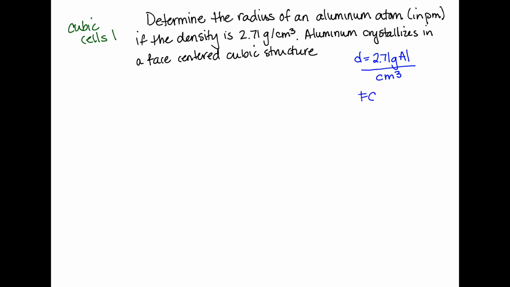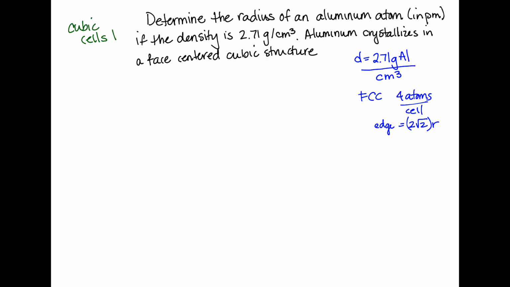So I know that in face-centered cubic, there are 4 atoms per cell. And I know that the edge is equal to 2 times the square root of 2 times the radius. And that's going to be important because if I can find the size of one edge, I can find the radius out of that equation.